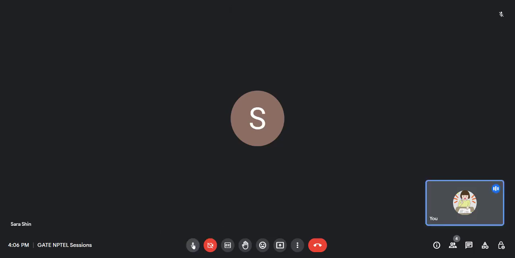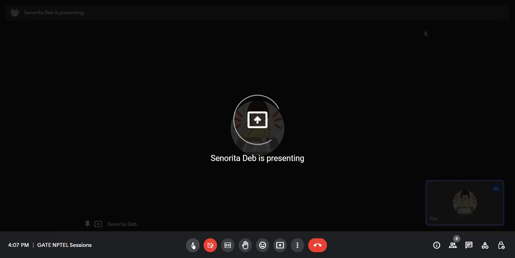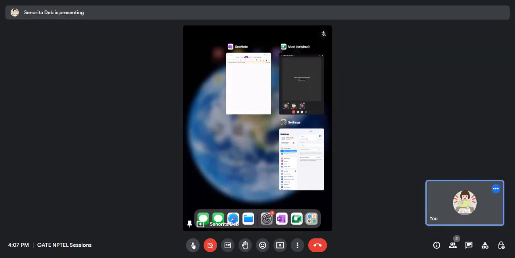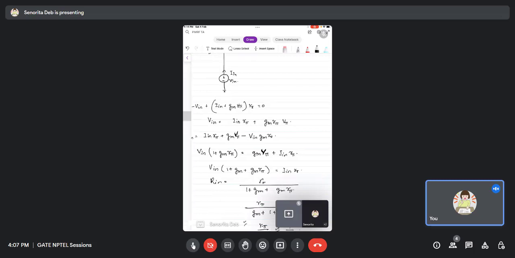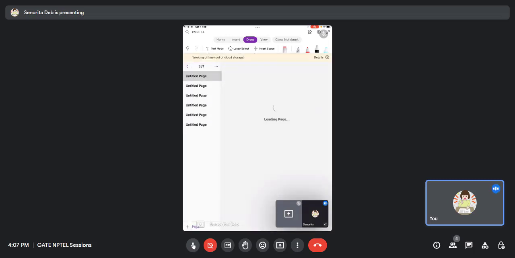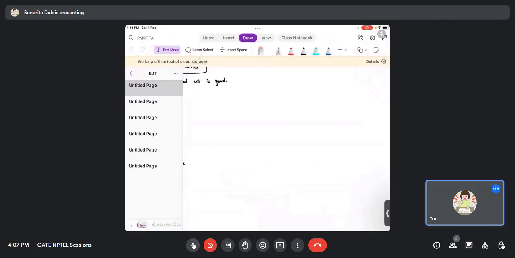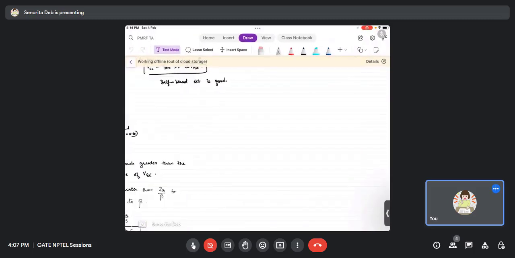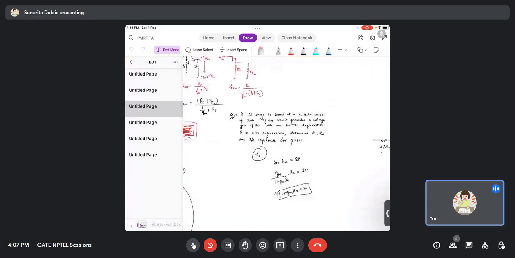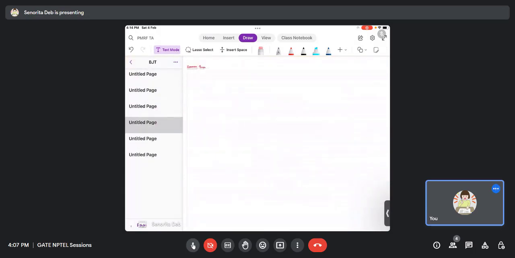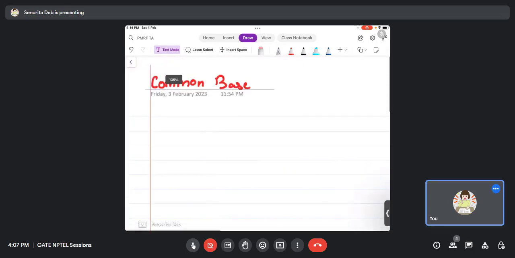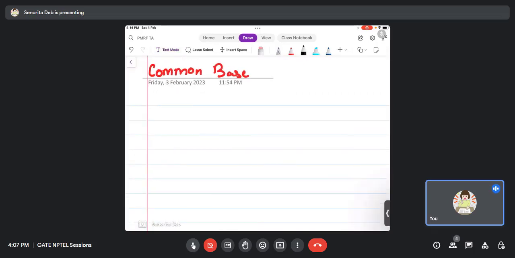So we will do common base topology today. We finished common emitter, and now we will do the common base topology.